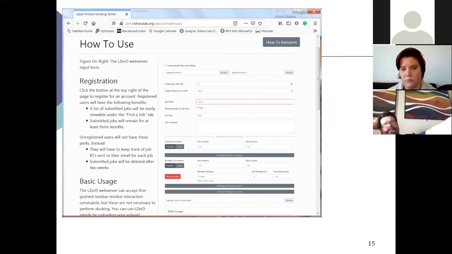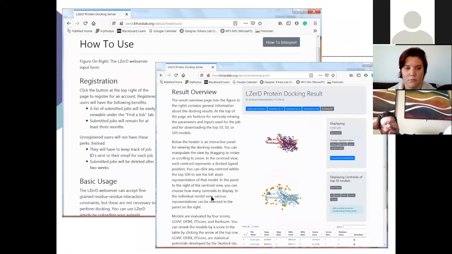If they're not interacting but known, like cross-linked, that information can also be input here. Then you will receive an email back in a few hours. It can be really quick, but if proteins are very large, it could take a few hours or a day or so.